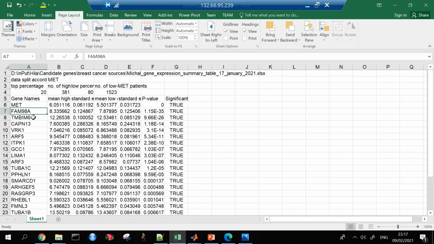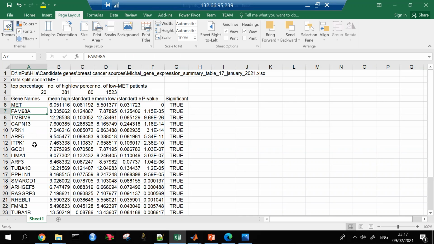You see that there are many significant genes here, and the most noticeable are perhaps FAM98A and TMBIM6.